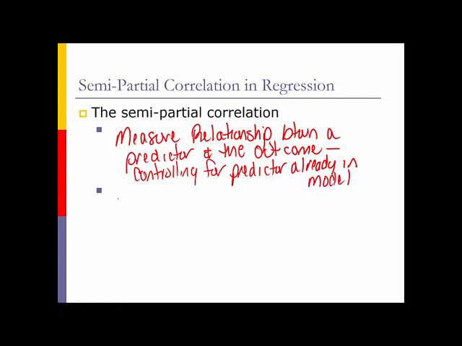So what's really nice about this is in the semi-partial correlation for multiple regression, we are really getting the unique correlation or the unique contribution of that particular new variable in the model. And that is exactly what we want. We want the predictor that has the most impact on the outcome to be added to the model next.